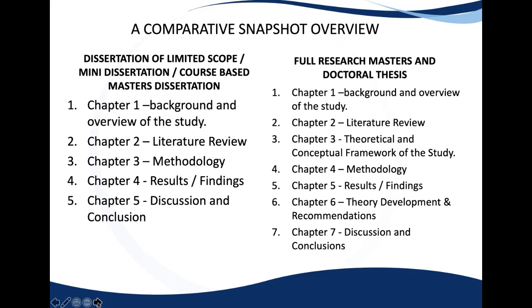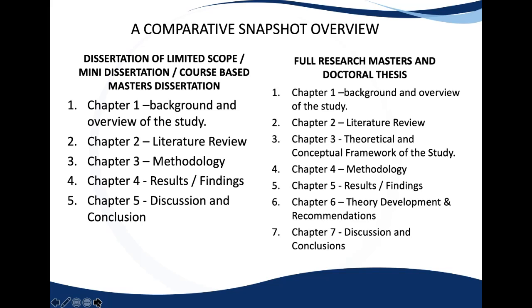So you will notice that I have done a comparative snapshot overview, and that comparative snapshot overview has 2 columns in it. The first column relates to how the chapters of a dissertation of limited scope, a mini dissertation, sometimes they call it a research project, or a course-based mini dissertation would look like.